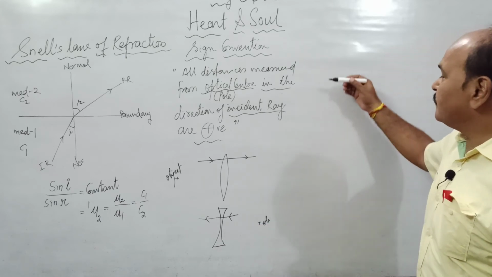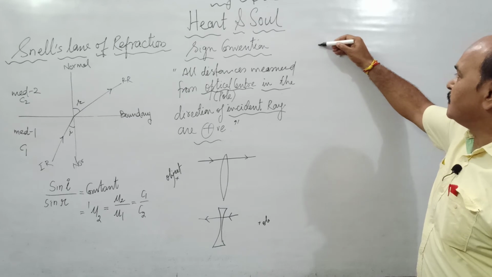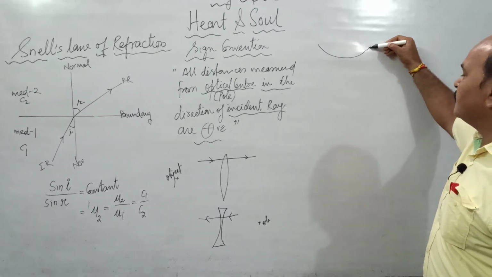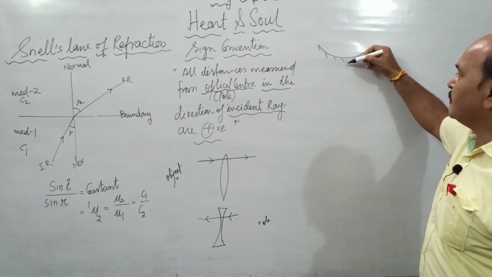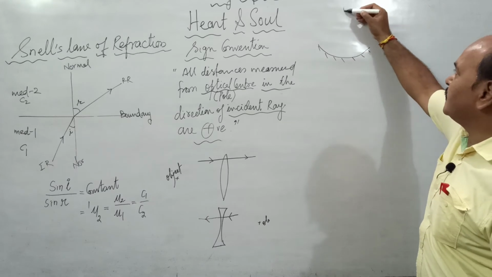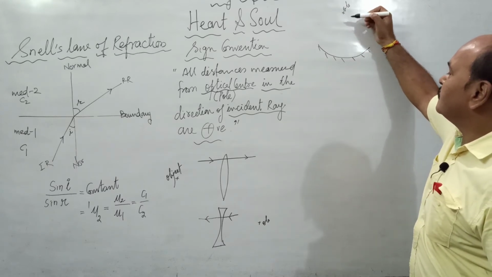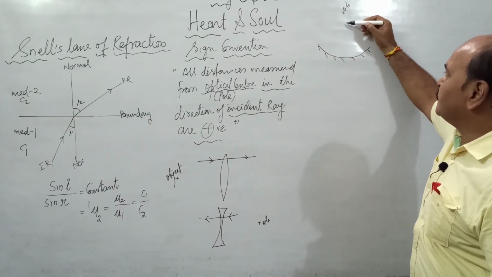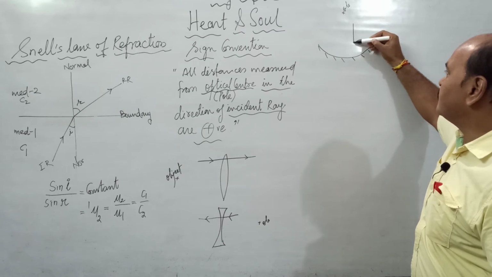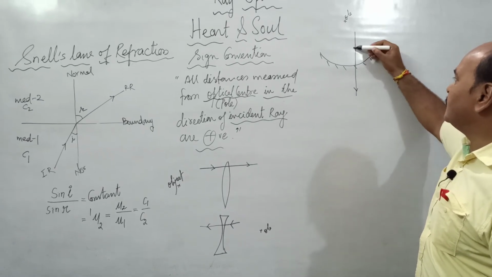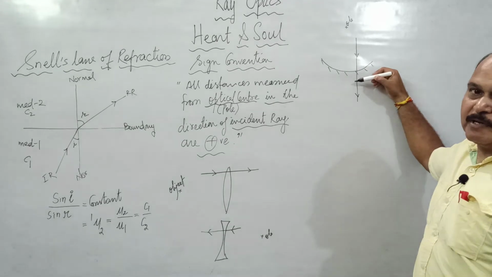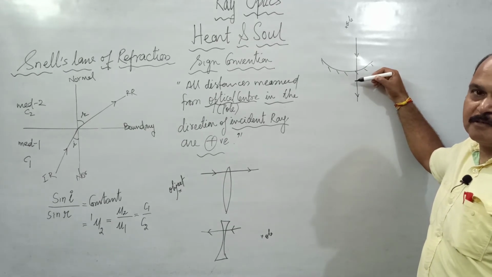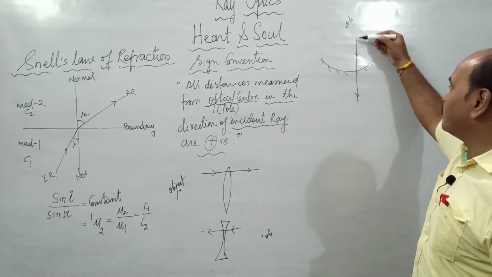If this is an optical device, say a concave mirror, and we place an object here, what is the direction of incident ray? It is in this direction, from the object towards the optical device, from, say, top to bottom.